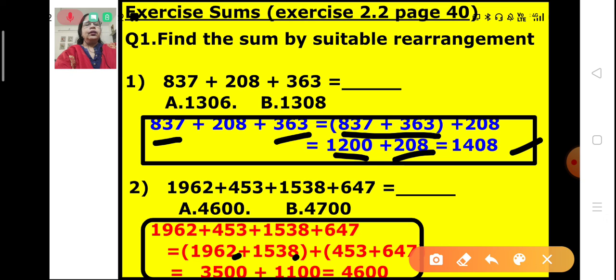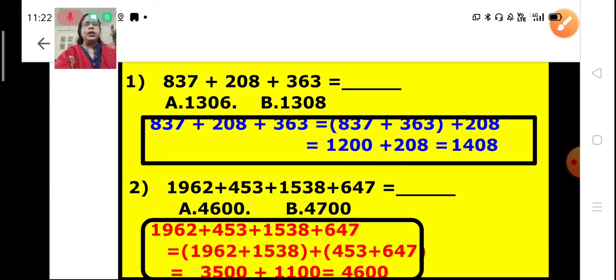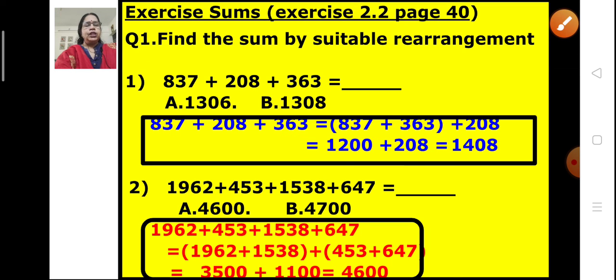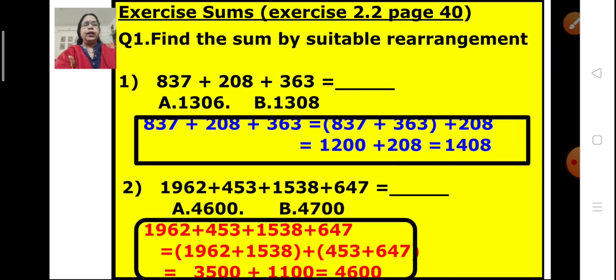And 453 and 647 are grouped together, because 3 and 7 are in the ones place, and when we add them we get 0 in the ones place, and also in the tens place. Here we get 3500 by adding the first two numbers, and 1100 by adding 453 plus 647. By adding them together we get the answer as 4600. So this is how we rearrange the numbers to get the answer quickly.